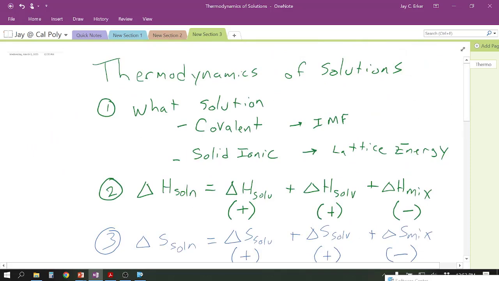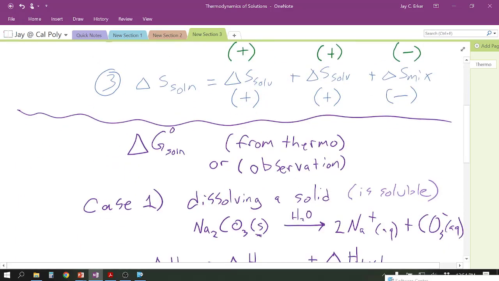This first idea of what solution are we making, is it covalent solution, ionic solid? Are we forming a solid? Are we dissolving a solid? Are we mixing two things? Are we separating two things? Whichever case I'm looking at, delta G will be positive if it stays on the reactant side, and delta G will be negative if it goes towards the product side. And so the question becomes, well, what am I looking at?